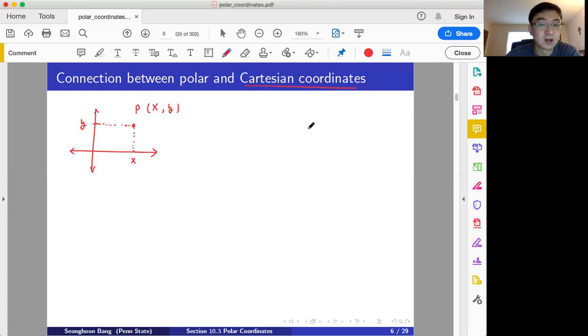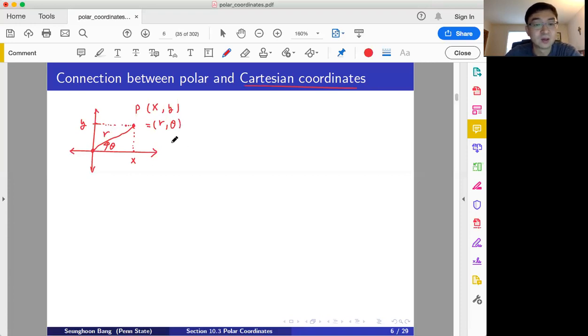Like this. What about the polar coordinate? The origin is the pole. The positive x-axis is the polar axis. You can connect the pole and P, so you can measure the length r and the angle theta. The location of P is exactly the same as the polar coordinate (r, theta).